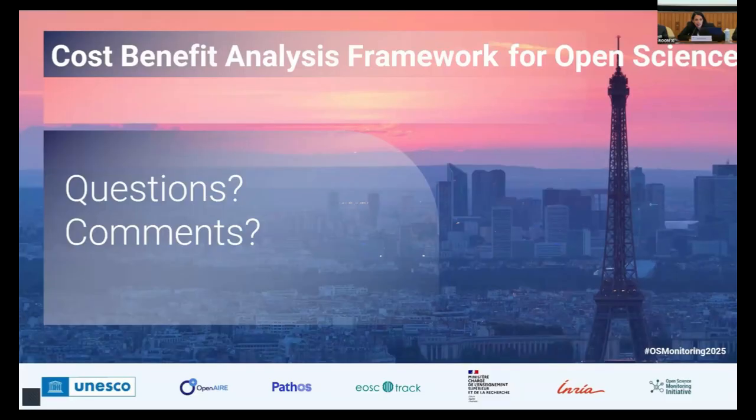What I stressed in my introduction is that the key contribution of the cost-benefit analysis in the PathOS project is that it provides a measurement and quantification of the short-term outcome of open science practice, which means all these effects that can be directly attributed to open access, to open science.